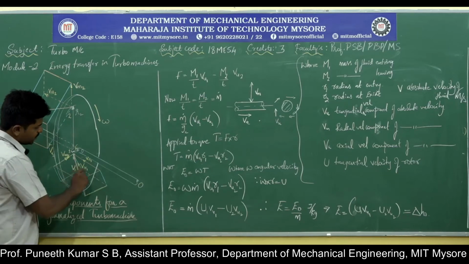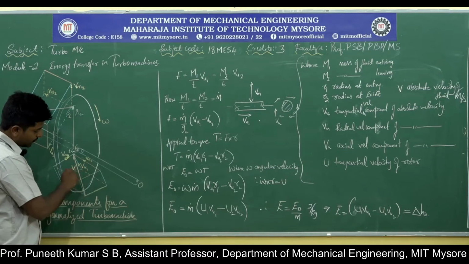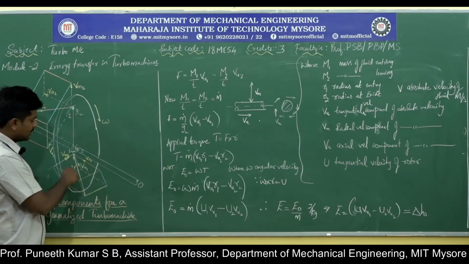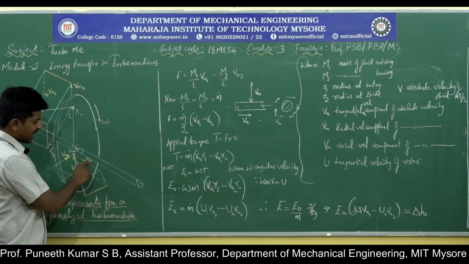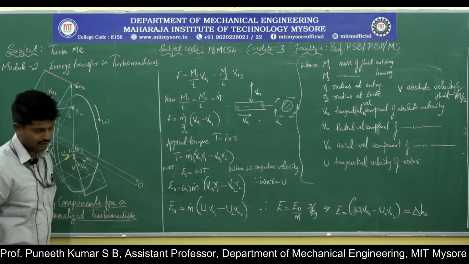Similarly, Vu1 is the tangential velocity component of the absolute velocity, and Vm1 is the radial component of the absolute velocity at the inlet. Every resolved component is accompanied by the suffix 1, representing that it is the velocity component at the inlet of the machine.